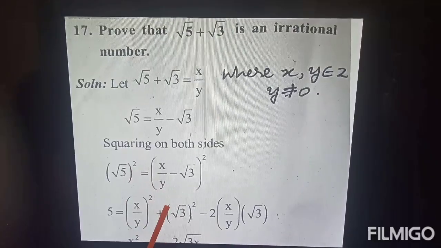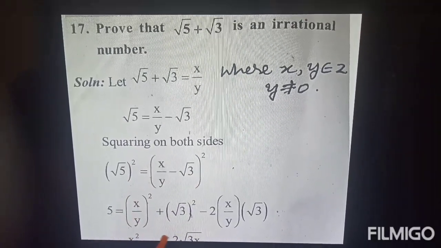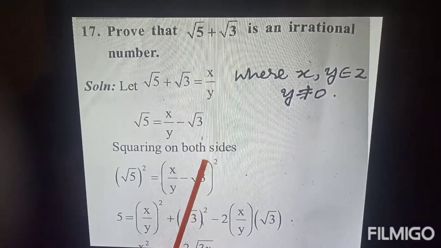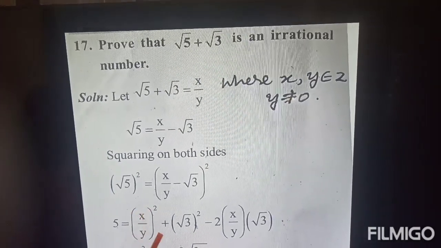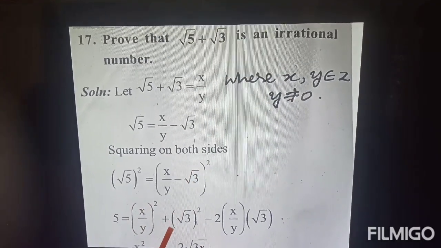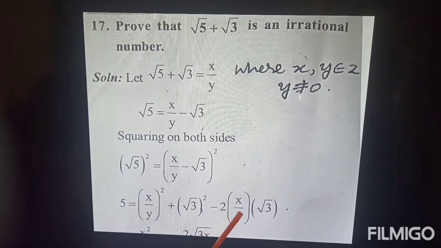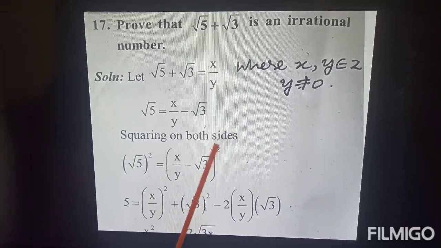According to the formula, a minus b whole square, I have to expand this. a square, where a means x by y, b means root 3. a square means x by y whole square, plus b square means root 3 whole square, minus 2 into a into b. a means the first term, b means the second term.